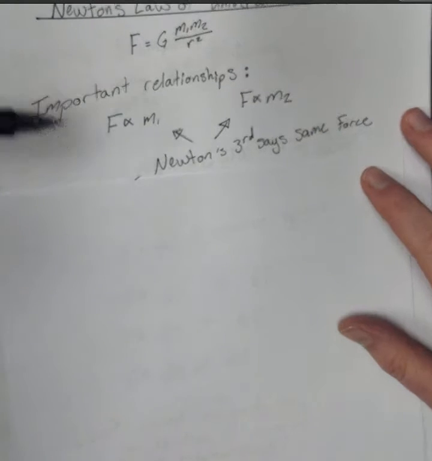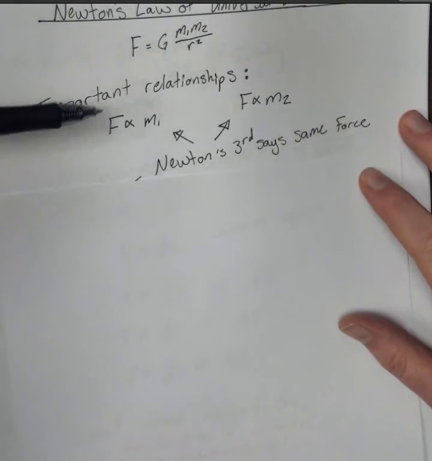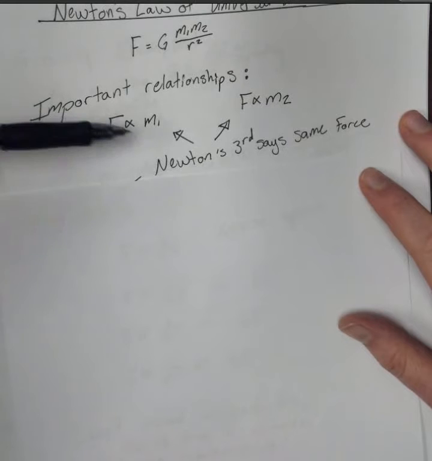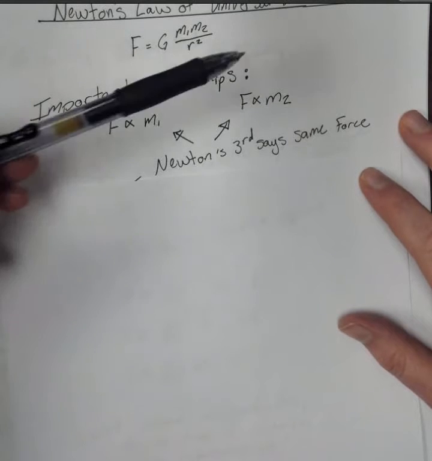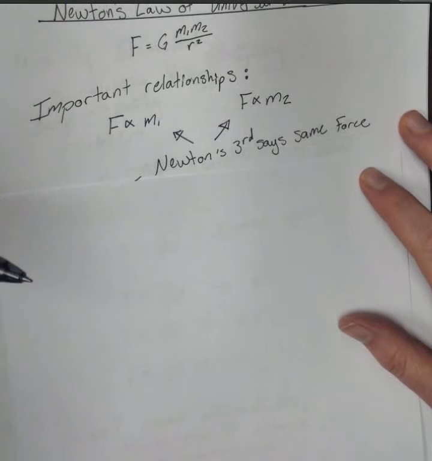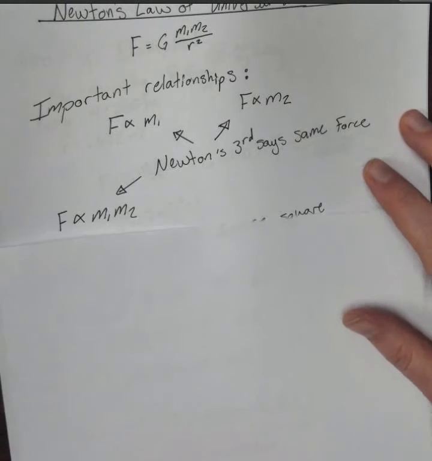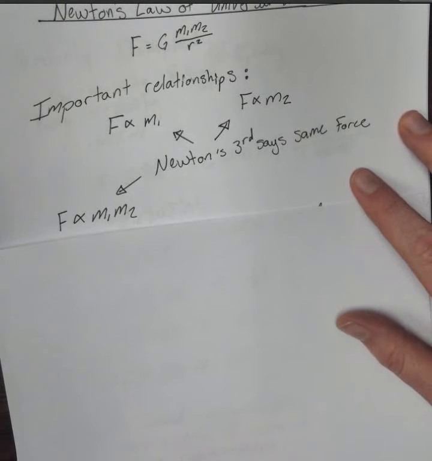Newton's third law says that the force that the first object experiences due to gravity has to be equal and opposite to the force that the second object experiences due to the gravity between the two objects. So that force is going to be directly proportional to the product of both. So as I said before, if we increase the mass of one object, the force will increase proportionally.